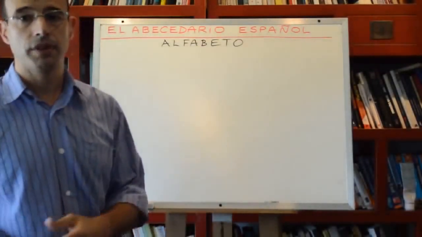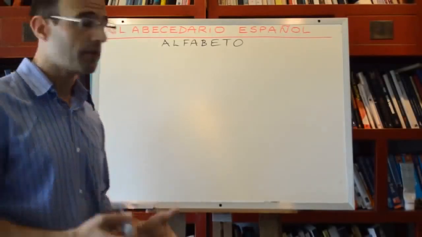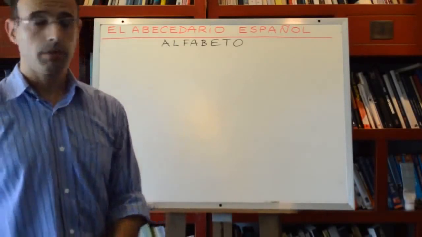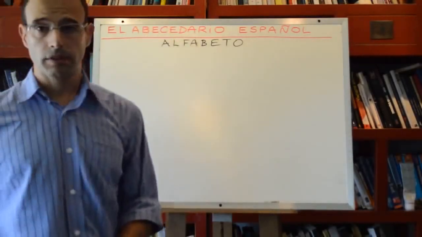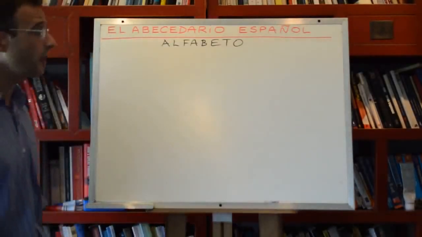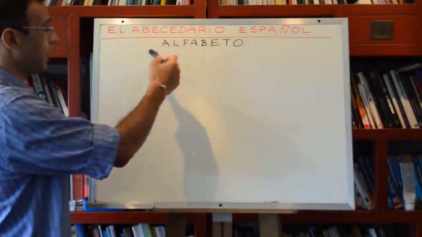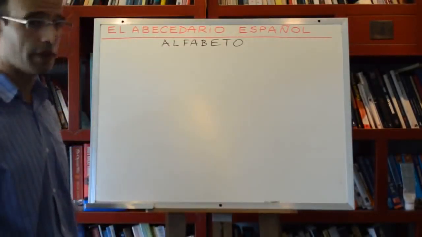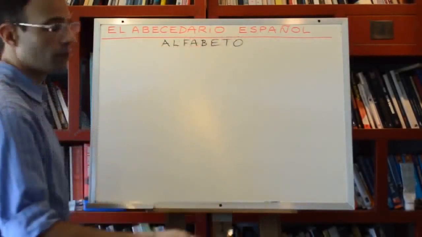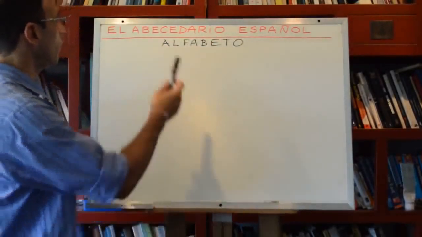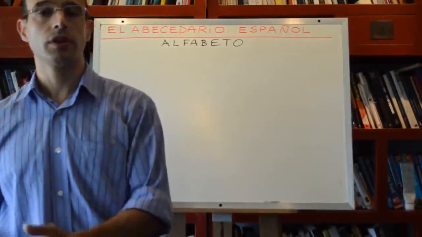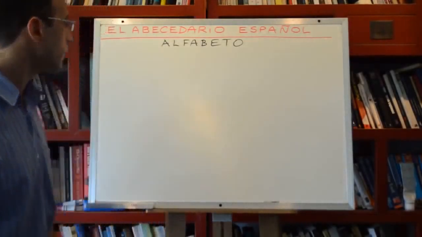That means it's el abecedario and not la abecedario, and it's el alfabeto and not la alfabeto, because these two nouns are masculine, okay? El alfabeto español. Both words mean the same, so you can say either way, el alfabeto or el abecedario. And this word comes from Greek, while this one comes more from Latin, right? But both words are used in Spanish. Good.